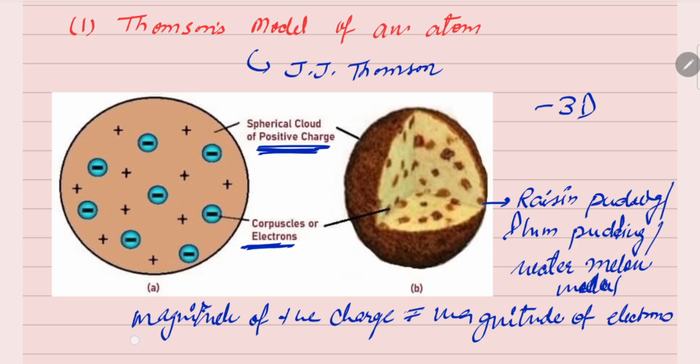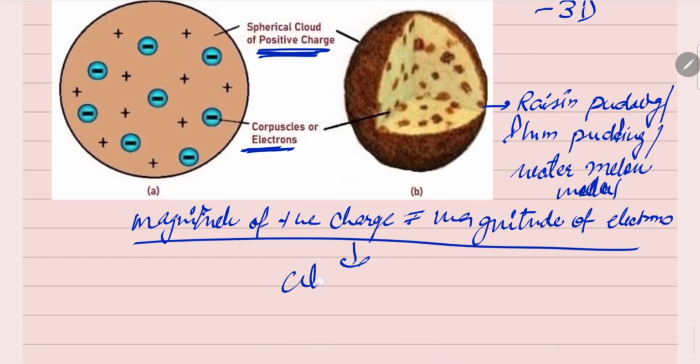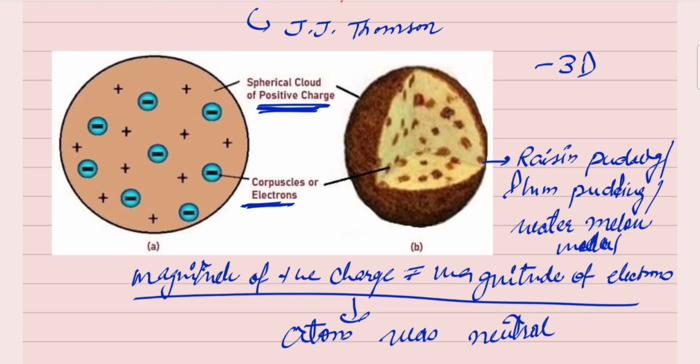Right? This is how an atom was electrically neutral. Okay, so this is what he said. But soon it was discovered that this is not correct.